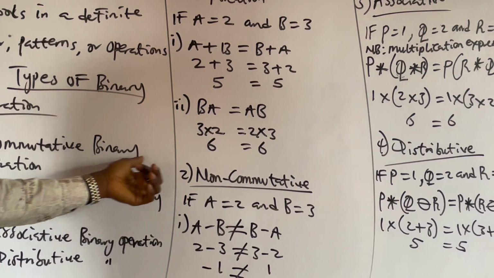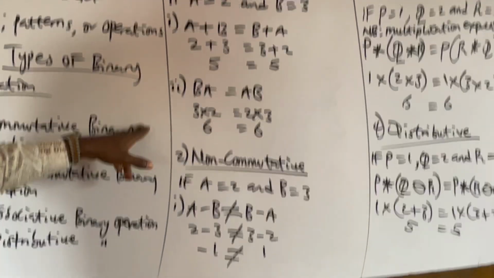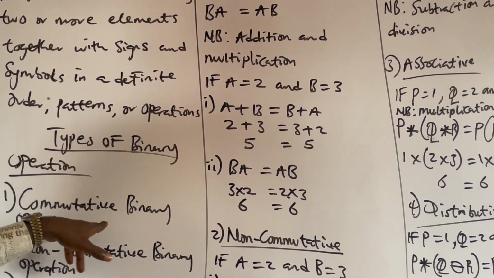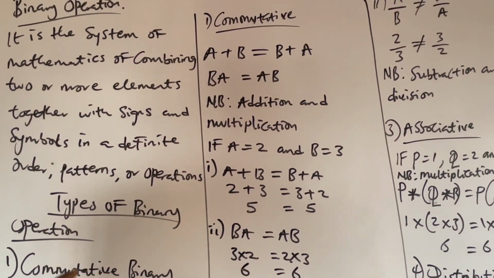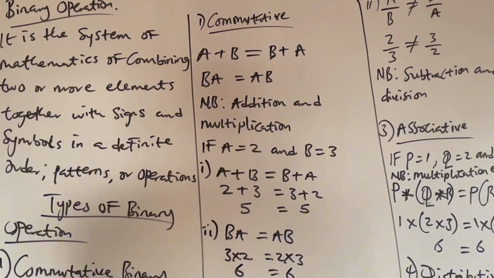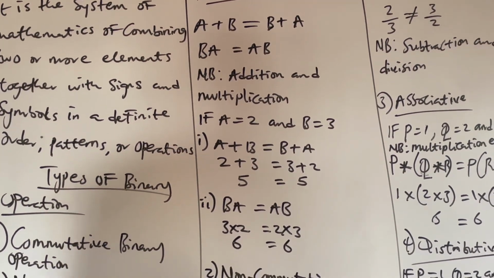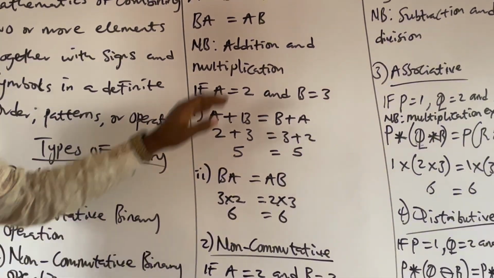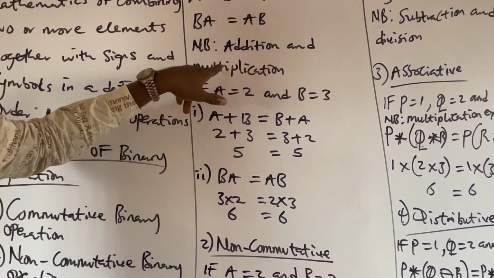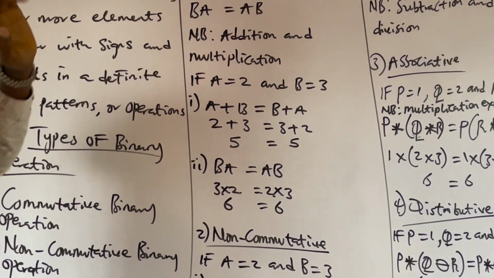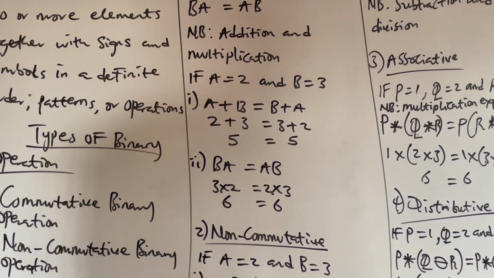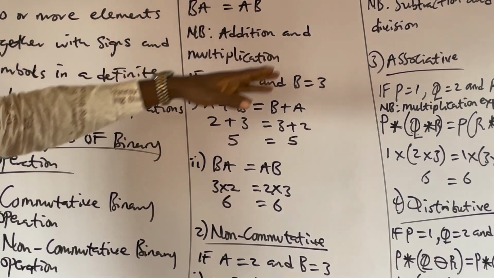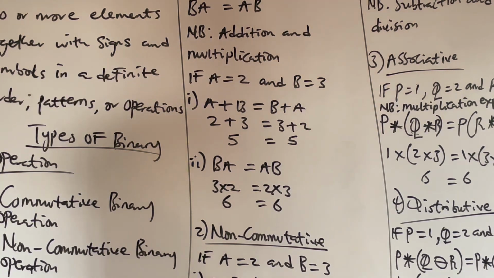Commutative binary is used when variables are combined and you get the same result, because it has to do with addition and multiplication. Non-commutative binary has to do with subtraction and division, where you won't get the same result.